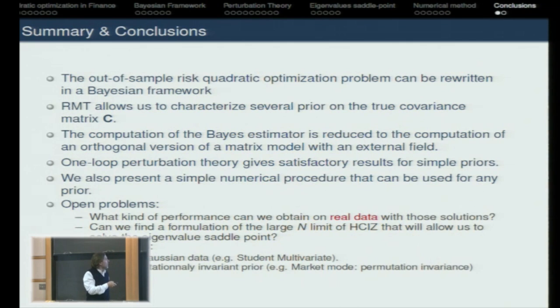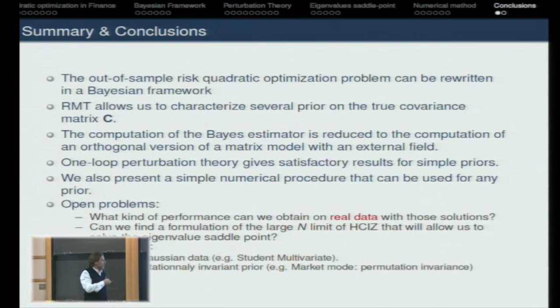Okay, so basically, my conclusion is that this out-of-sample problem can be written in a Bayesian framework. The one-loop expansion gives actually a pretty good result for simple priors. And there's a numerical procedure to do all that.